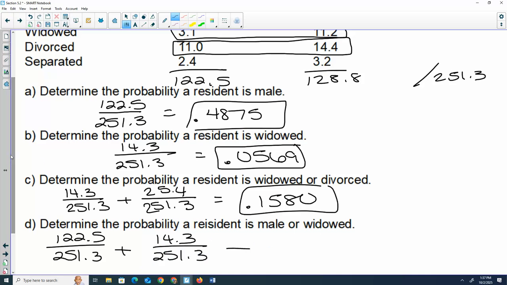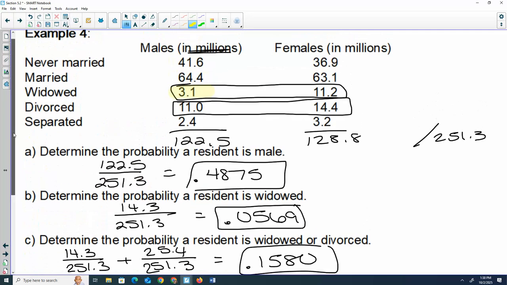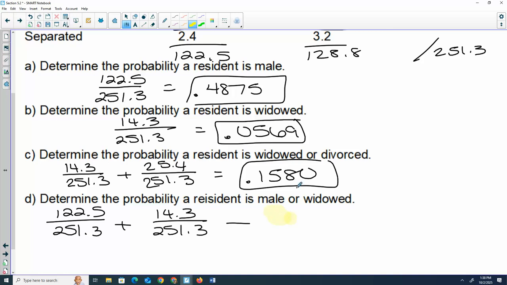So I need to subtract off the males that are widowed, because I have double counted those people. And I get 0.5320.